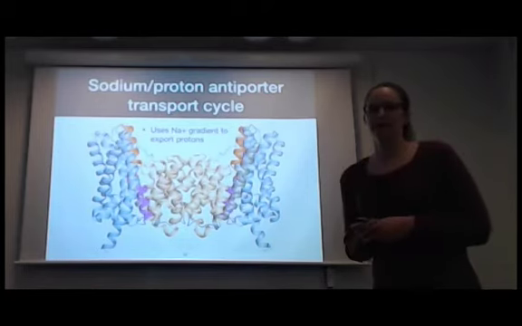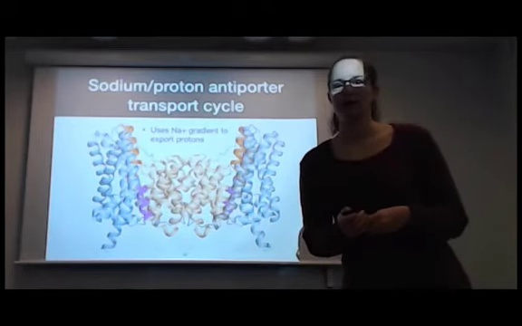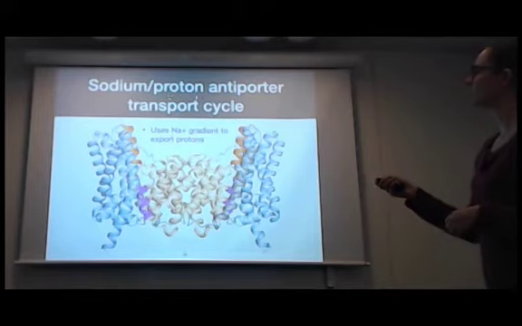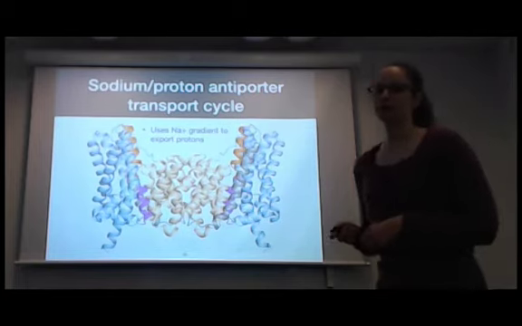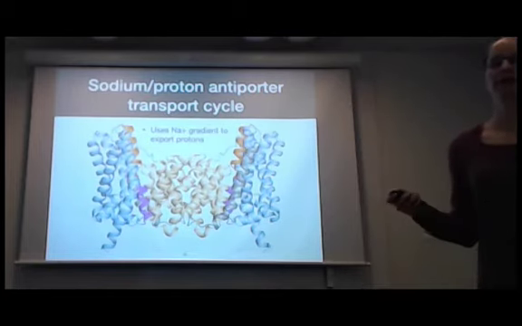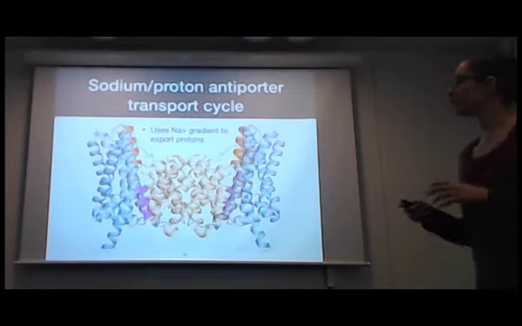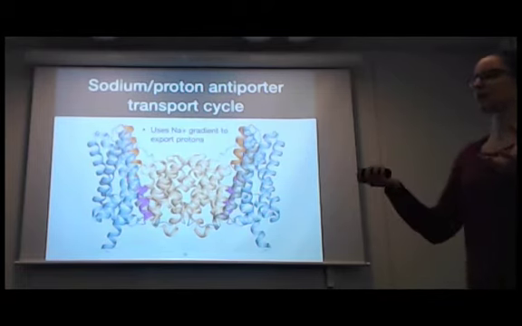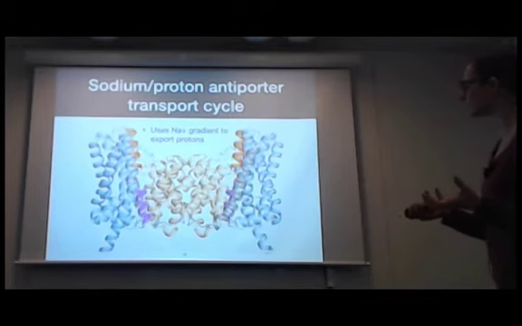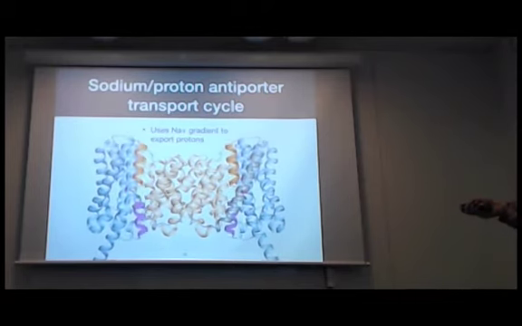Here's an example of another antiporter, which uses the sodium gradient to export protons. I'm mostly just showing this to show you the variety of topologies of membrane proteins and the fact that they all try to perform the same function but in a way that is quite different. This is a morph again.